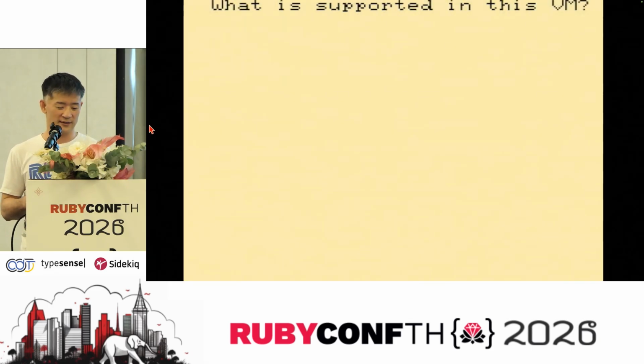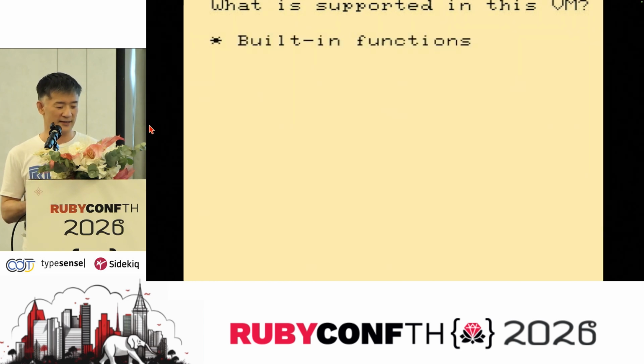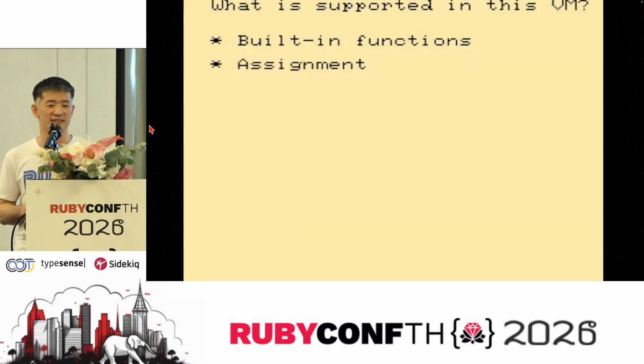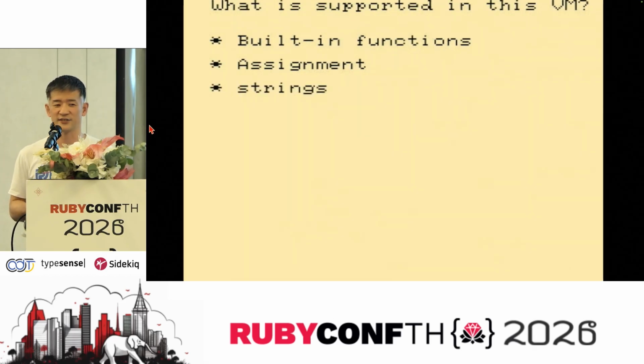And so what are the features of my VM? You might be thinking. It has got built-in functions, but there is absolutely no user-definable functions. So there are things like puts that I have directly built into the VM, but there is no way to supply standard library or define your own function. And assignments like a = 1, that's supported. And strings, as you see text on this screen, these are actually strings internally in mruby.